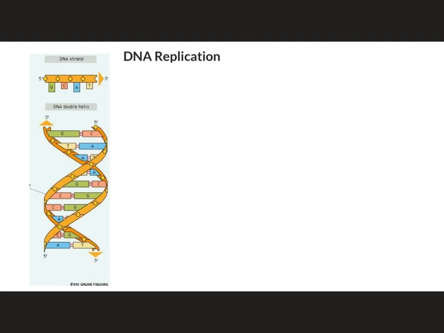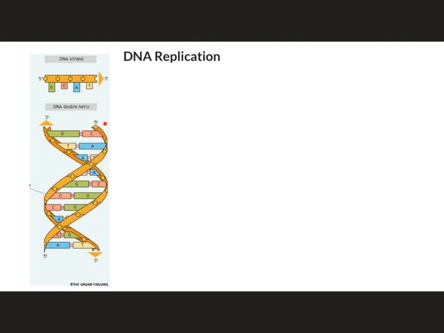Now, before we start talking about DNA replication and how that happens, let's talk a little bit about the orientation of DNA. DNA is a double helical structure that has two strands. One runs in the 5' to 3' direction, and the other one runs anti-parallel to that.